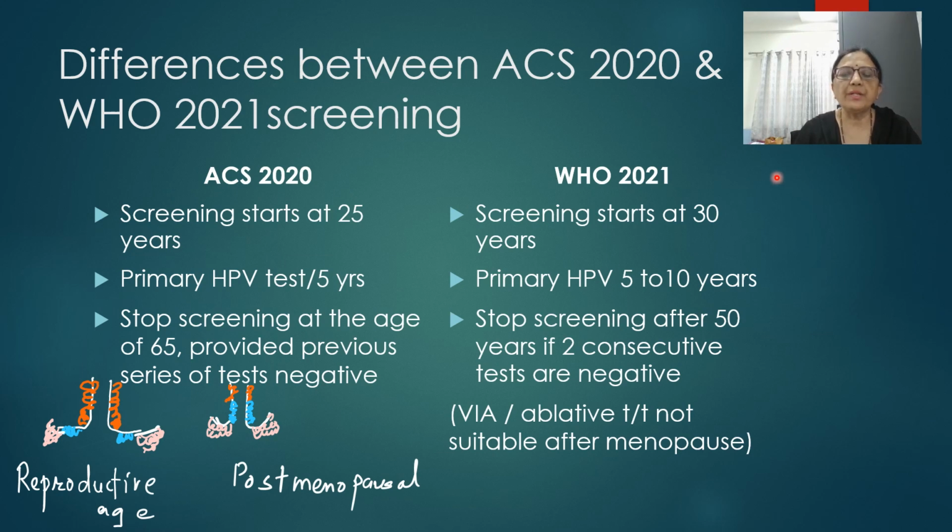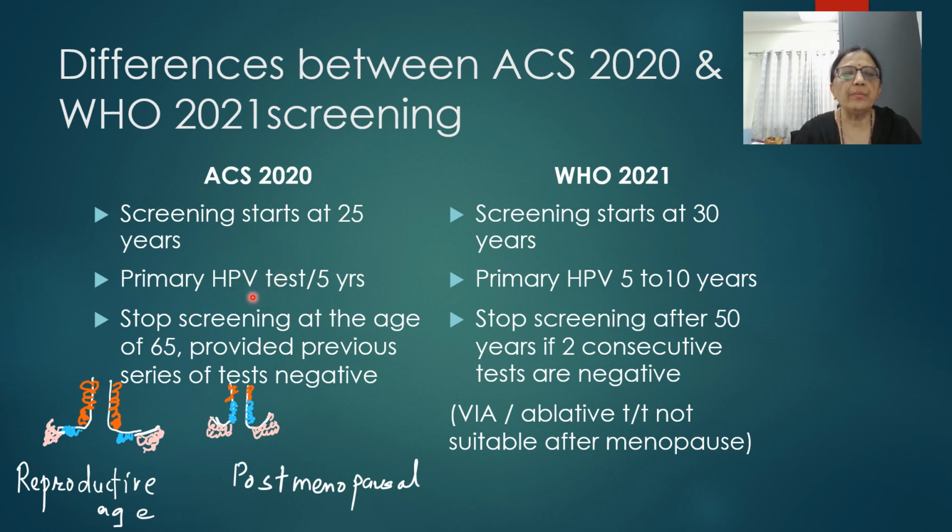There are certain main differences which I have found between the American Cancer Society 2020 guideline and the WHO 2021 guideline for the screening of cervical cancer. First, as per the American Cancer Society, screening should be started at 25 years, whereas WHO says screening should be started at 30 years.